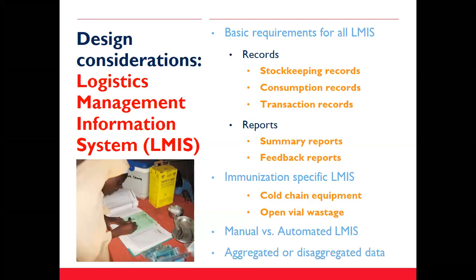Another consideration is the level in the system where data may be aggregated. The main concern here is to ensure that managers have visibility into supply chain performance throughout the system. This can be masked if data are aggregated. An automated system that allows for aggregated and disaggregated data would be the best.